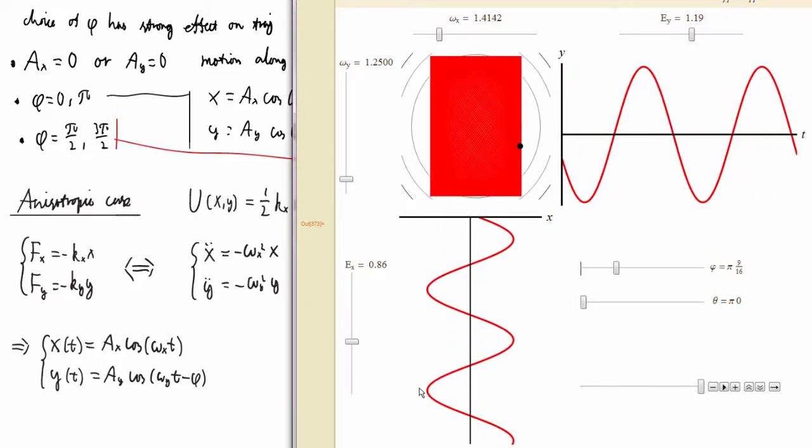The other thing that one can do here is to look at different kinds of potentials. The potential that we used in this case, let me make some more room for it here.